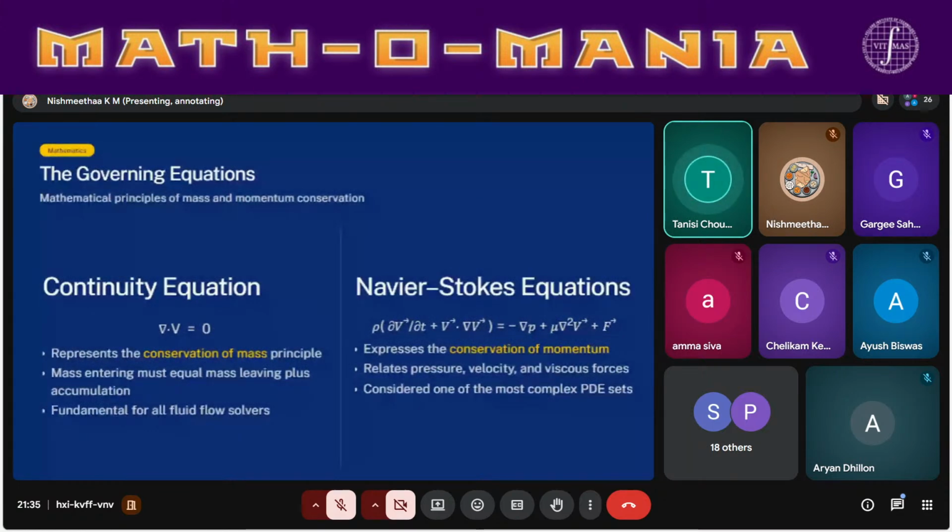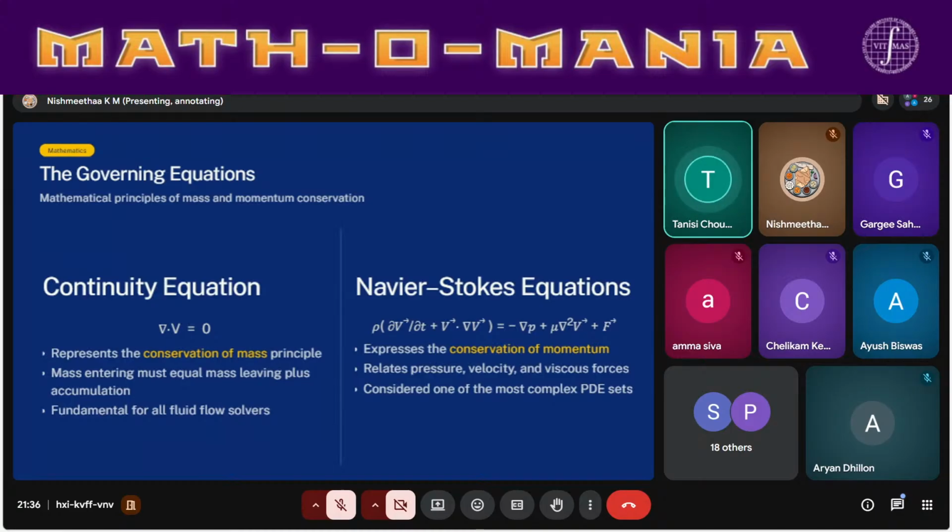Okay. Now let's take a look at the governing equations. When we talk about any simulation, there are a number of equations that come into play. The equations that we use during fluid dynamic simulations are the continuity equation, which represents the conservation of mass principle, where mass entering must equal the mass leaving plus the accumulation, and the Navier-Stokes equation, which relates pressure, velocity, and viscous forces and represents the conservation of momentum.